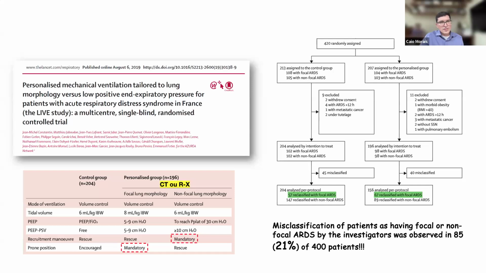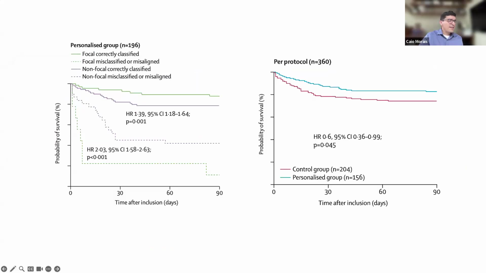So most of the patients in this study had a chest X-ray, and this probably increases the amount of misclassification in both groups of patients, under personalized treatment and non-personalized treatment. And the effect of treating a patient with a wrong intervention because of a wrong classification is that we reduce the probability of survival.